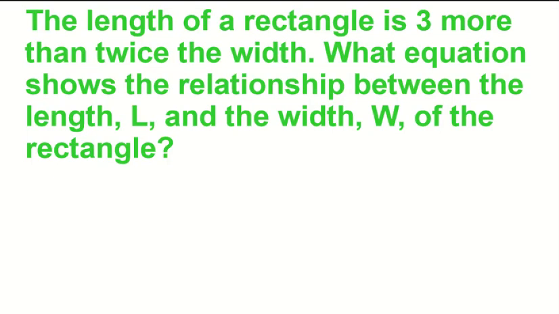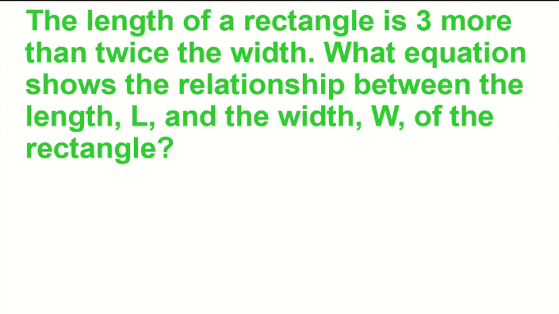All right, the length of a rectangle is 3 more than twice the width. What equation shows the relationship between the length and the width of the rectangle? Use L and W as your variables. You should either have an L equals or a W equals, okay? Sydney? Nope.